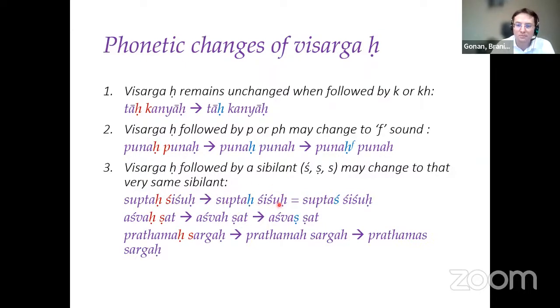Before fricatives, Visarga changes into the same following fricative: ashvarshat, prathama sargaha, pratamas sargaha.